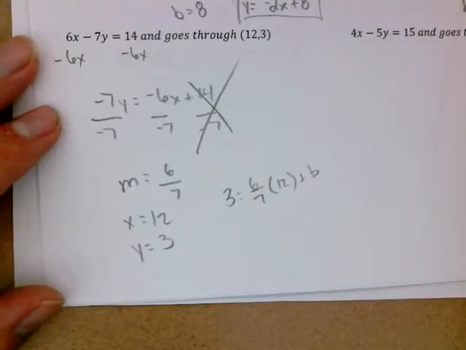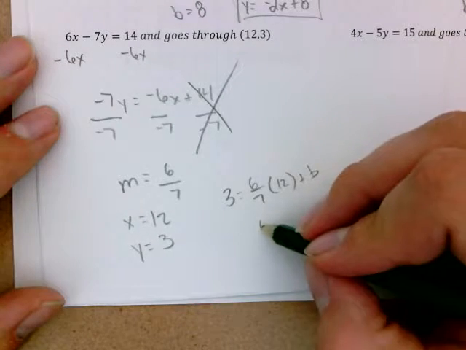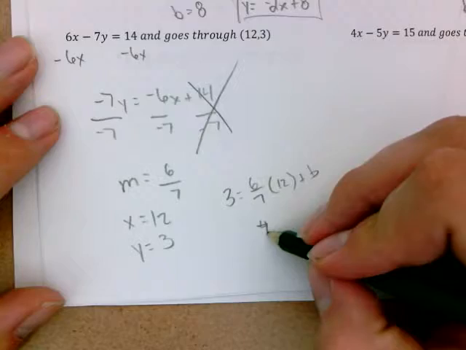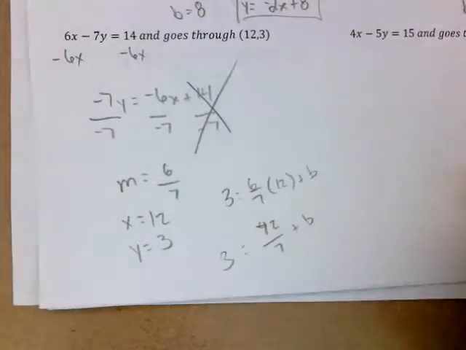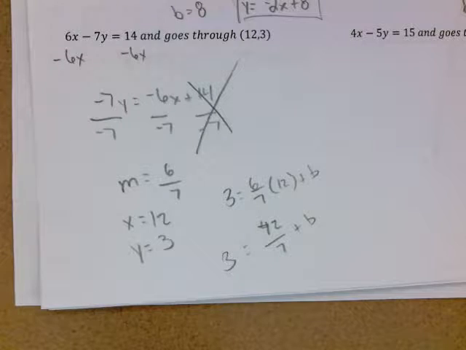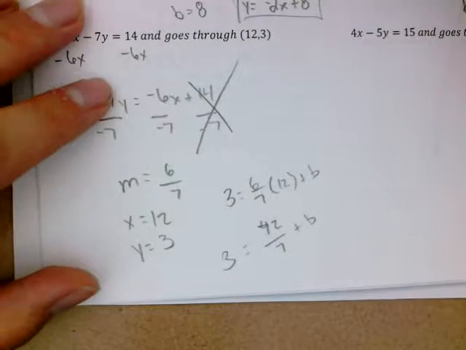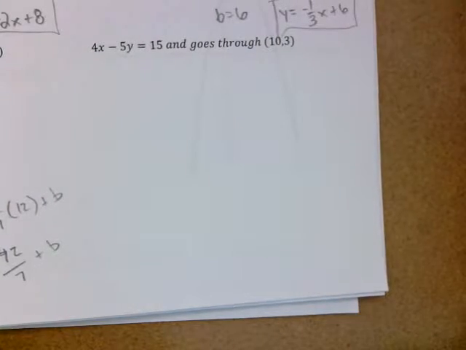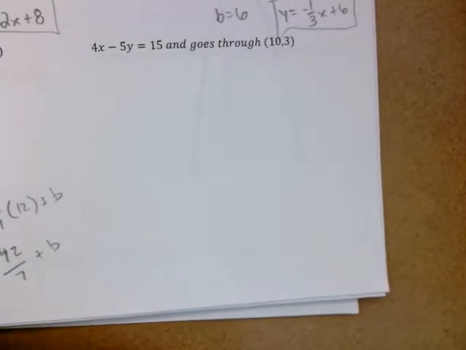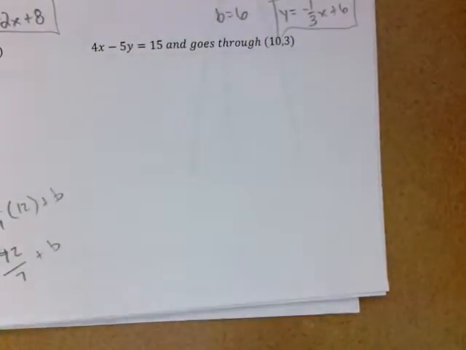This would become 72 over 7 plus b equals 3, so on and so forth. You'd solve for b, plug it in. So if you actually want to do it, do it. Otherwise, let's get to the next one. I do apologize about the last one. I just don't want to do a fraction then someone get confused because of the fraction. So on your test, you won't really have too many fractions.